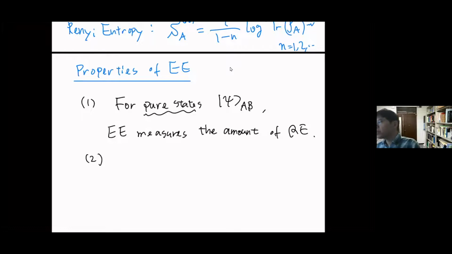For the simple equation, we have a very basic property for a pure state. Of course, if psi AB is pure, then S_A equals S_B.